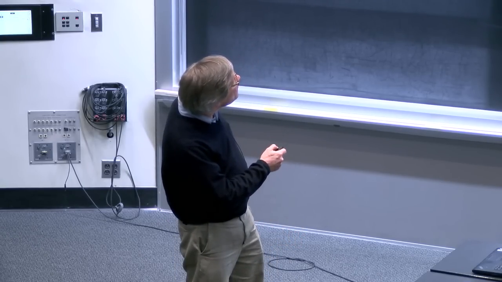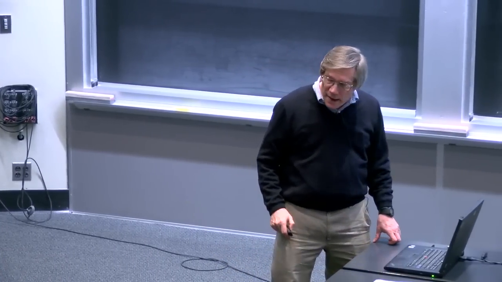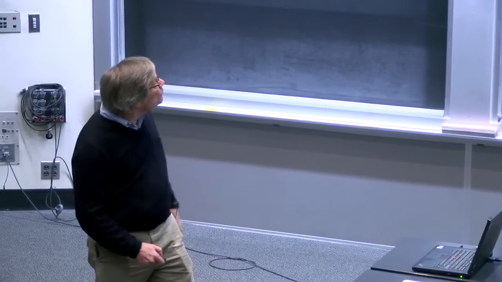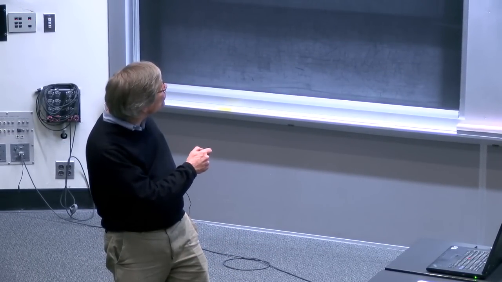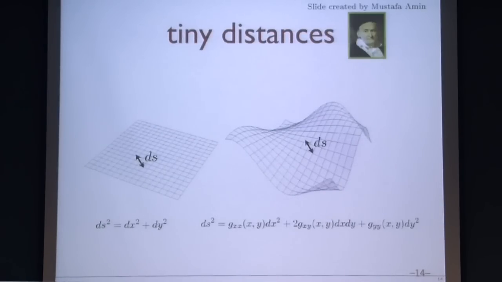Gauss also introduced another important idea, which is a restriction on what that infinitesimal distance function should look like. Gauss proposed that it should always have the same quadratic form that it has for Euclidean distances. For Euclidean distances, the Pythagorean theorem tells us that the distance between any two points is the sum of the squares of the coordinate distances.